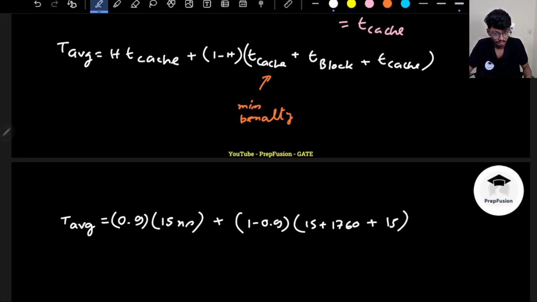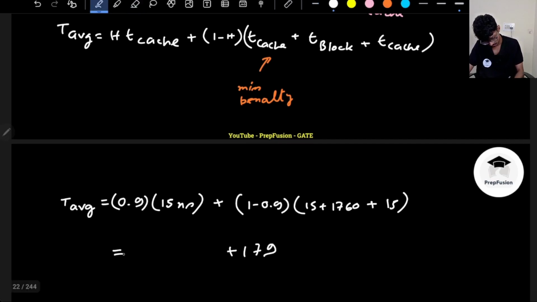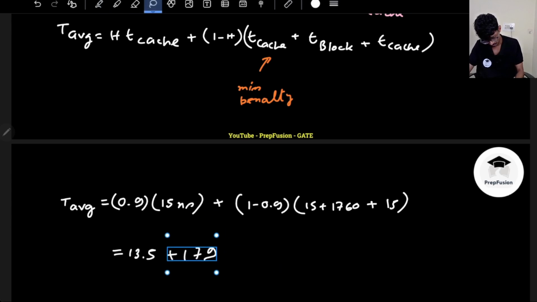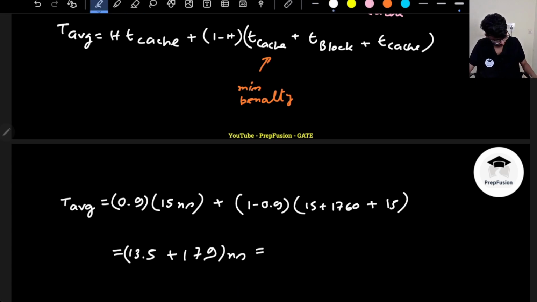That is 1790 times 0.1, which is 179, plus 0.9 times 15, which is 13.5 nanoseconds. So 179 plus 13.5 is 192.5 nanoseconds. This will be the answer for this particular question.